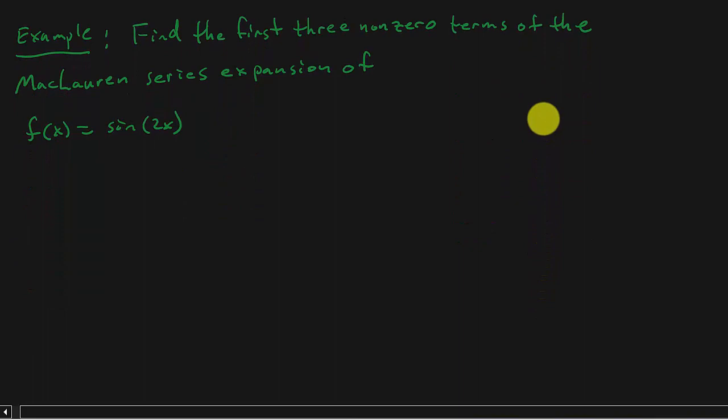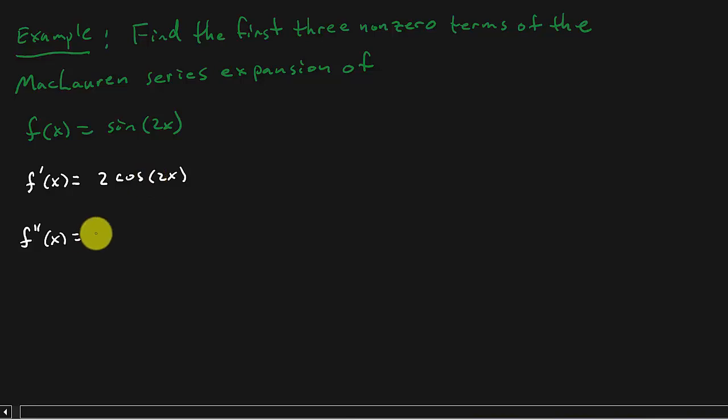Find the first 3 non-zero terms of the Maclaurin series expansion. All right, so how many derivatives do we need to take? Well, I don't know. Let's look. So f prime of x is, the derivative of sine is cosine 2x times the derivative of what you're taking the sine of, which is 2. And then f double prime of x is, well, the derivative of cosine is negative sine.